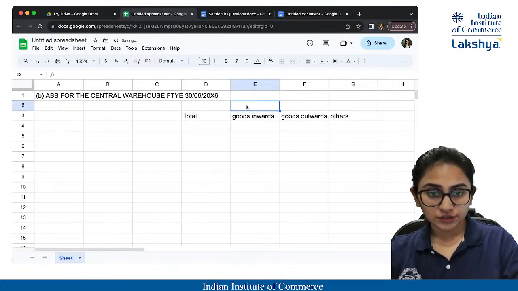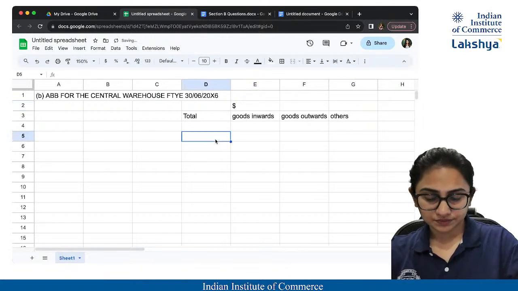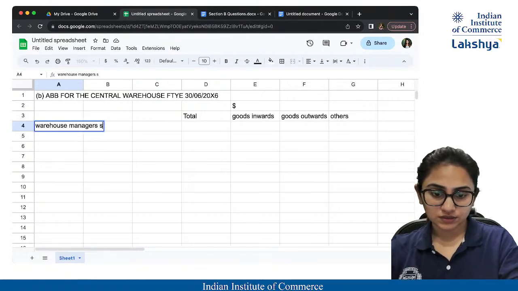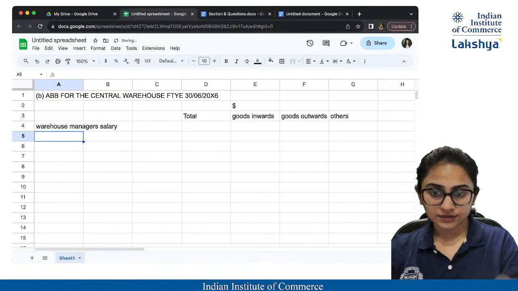And these are all in dollars. Okay, and here the first one is warehouse manager's salary.